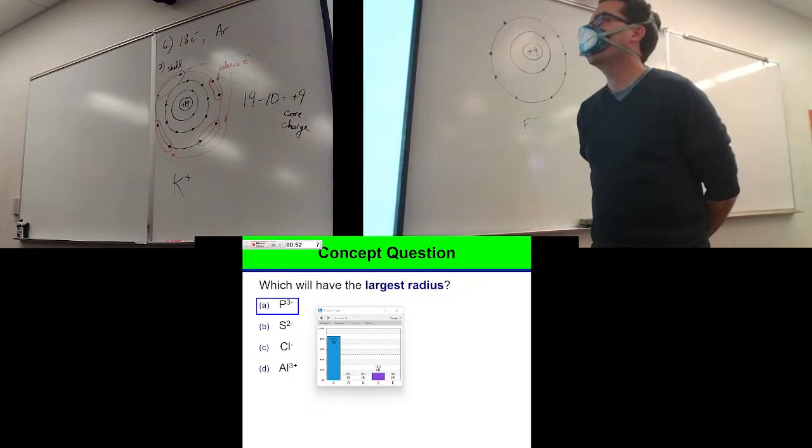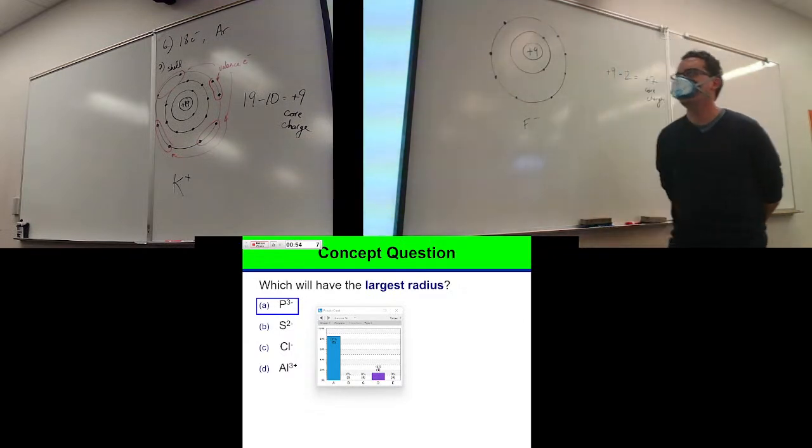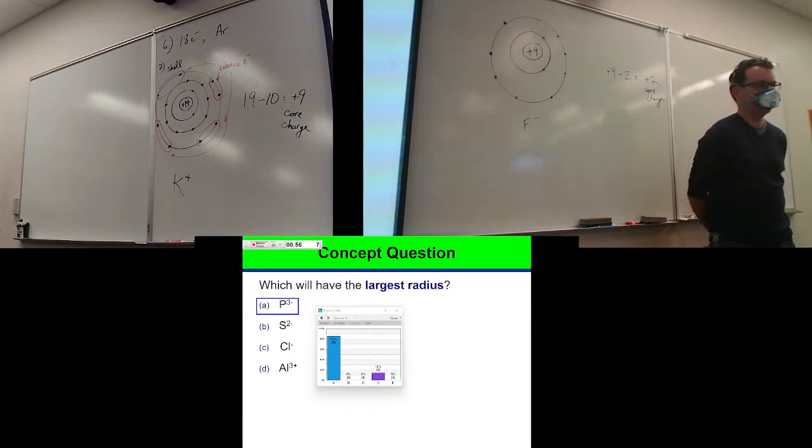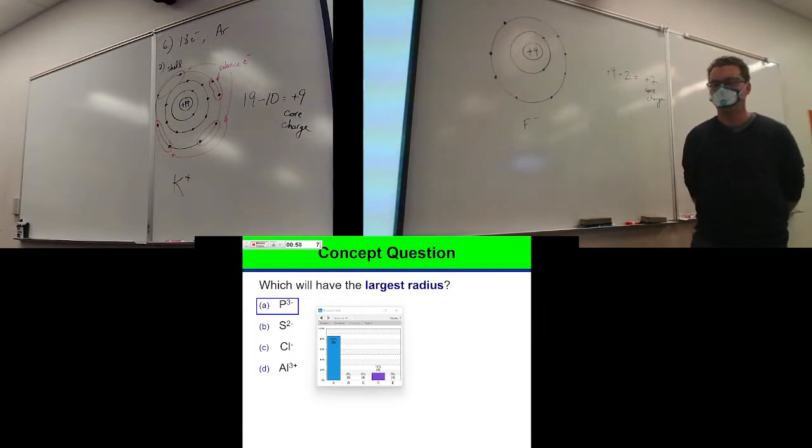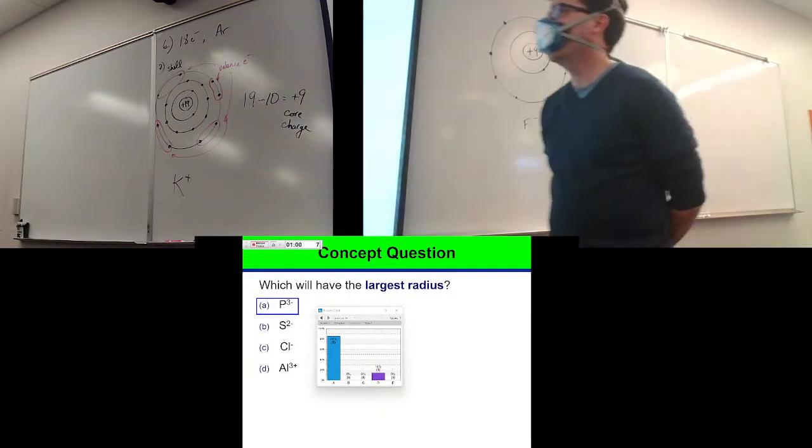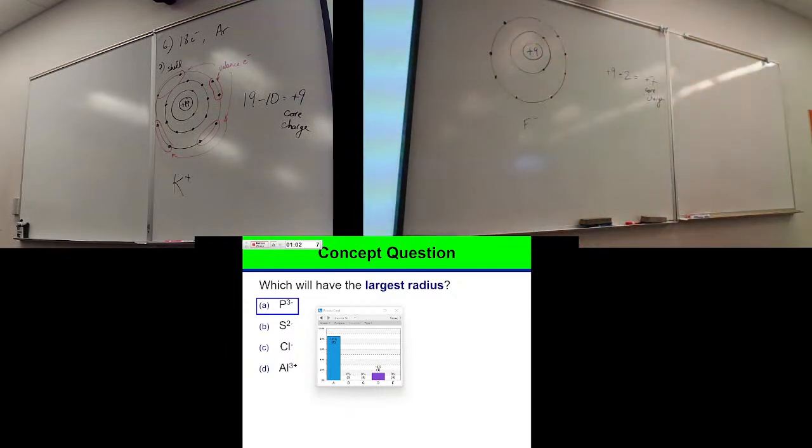The one thing I would caution you is make sure that they're isoelectronic. Make sure that you're comparing apples to apples. For one of these, aluminum 3+ actually has a lot fewer electrons than these do. Yes, it's in the same period, but you're actually taking away electrons. So this has 10 electrons, and these all have 18 electrons. A completely different ballpark. This is going to be the smallest just because of that.